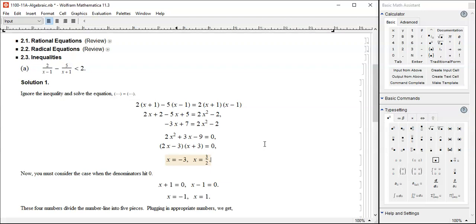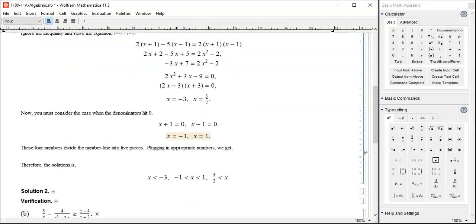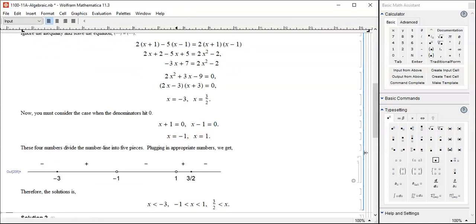And then when we have the denominator equal to 0, we have two denominators, x minus 1 and x plus 1. So x equals 1, x equals negative 1. So we have 2 zeros and 2 poles. And then the same diagram applies.